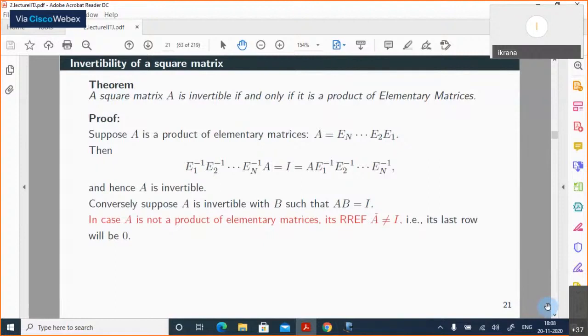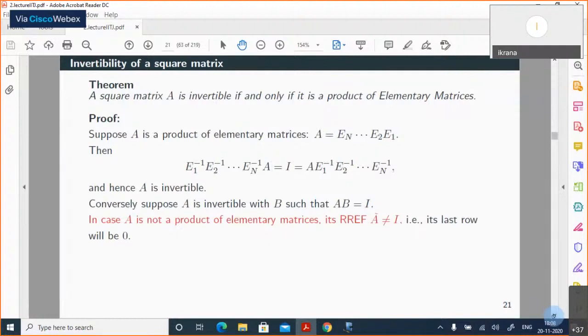That means the reduced row echelon form of A cannot be identity, so its last row must be equal to 0. If a matrix is not a product of elementary matrices, by multiplying I can bring it to reduced row echelon form. Then it cannot be equal to identity. That means the last row must be equal to 0 in the reduced row echelon form. That is the only way it can happen.